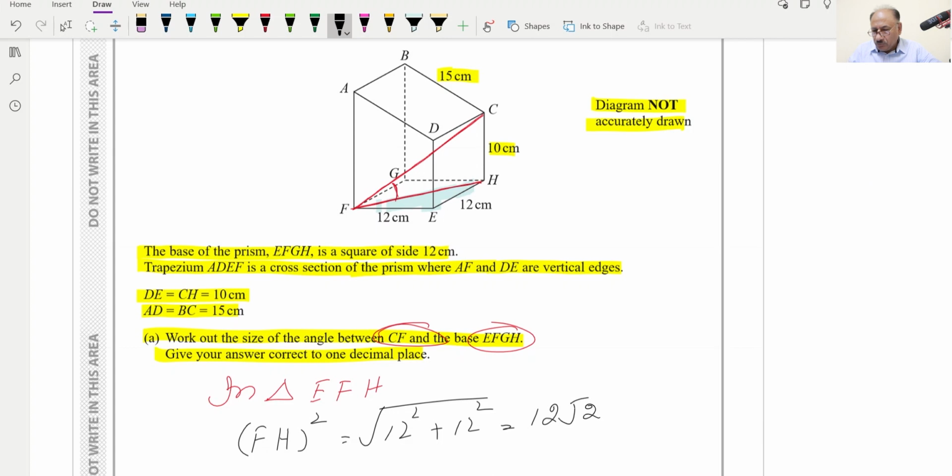12 under root 2. So we got this length, this one, as 12 under root 2. Now we will be considering the triangle, this shaded triangle, brown shaded triangle, which I have currently shaded.